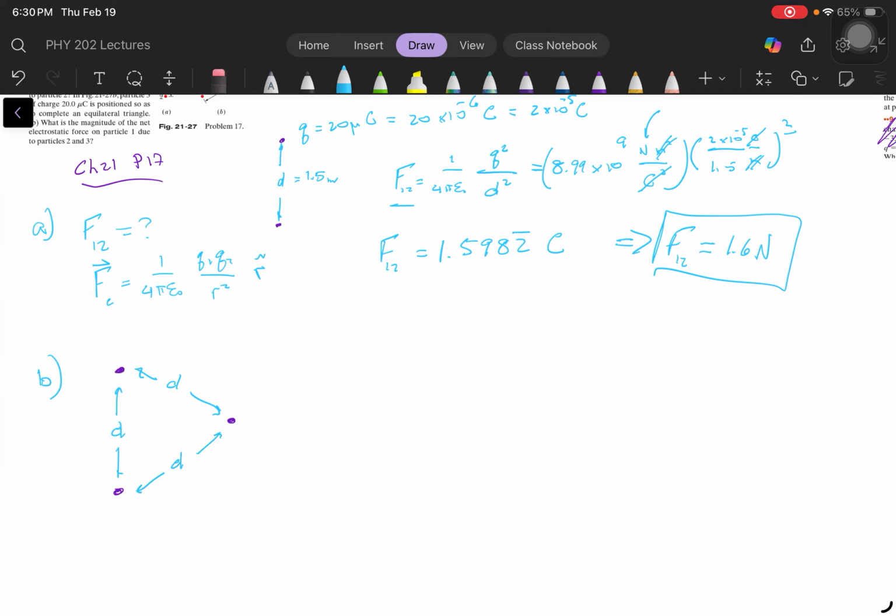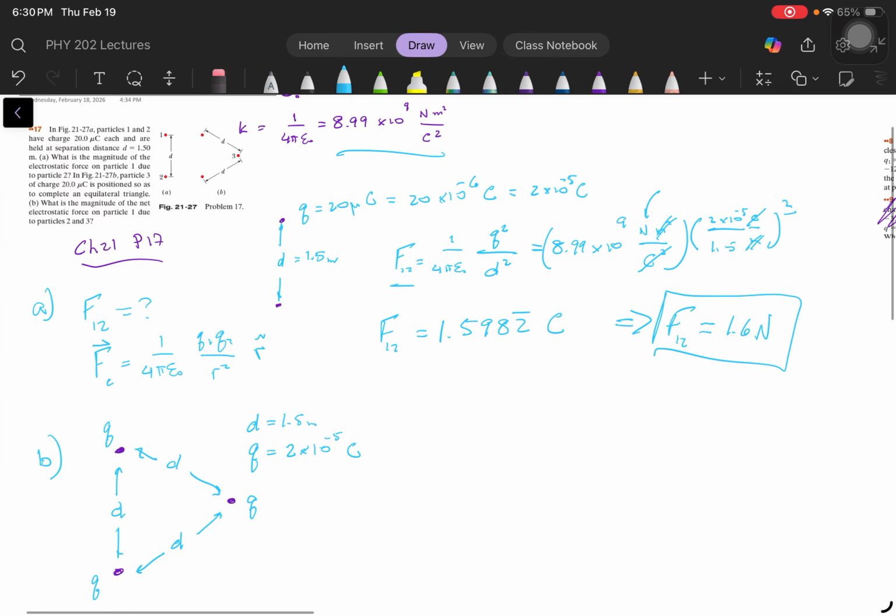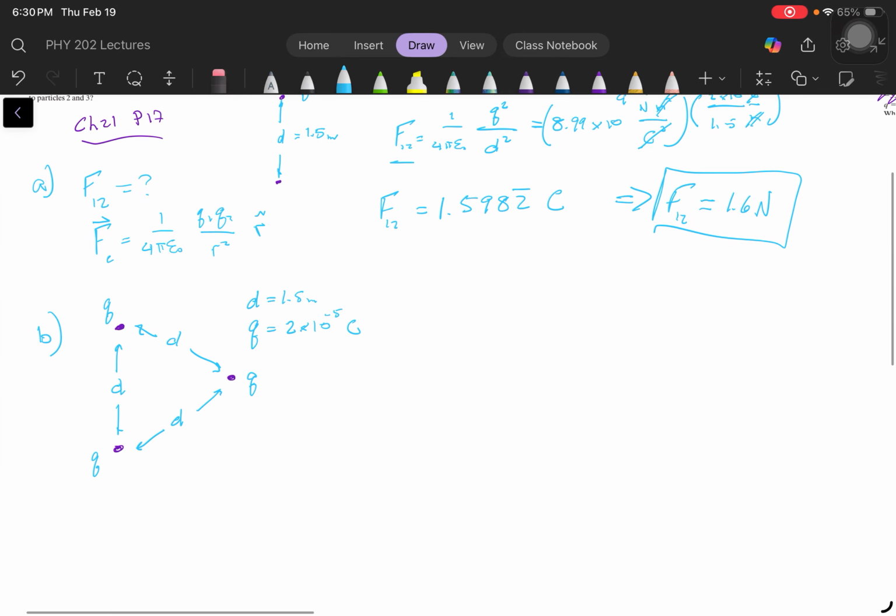We still have d equal to 1.5 meters, and Q equal to 2 times 10 to the negative 5 coulombs. All right, I think that's about all we're working with. Cool. And so now we want to find the magnitude of the force on particle 1.